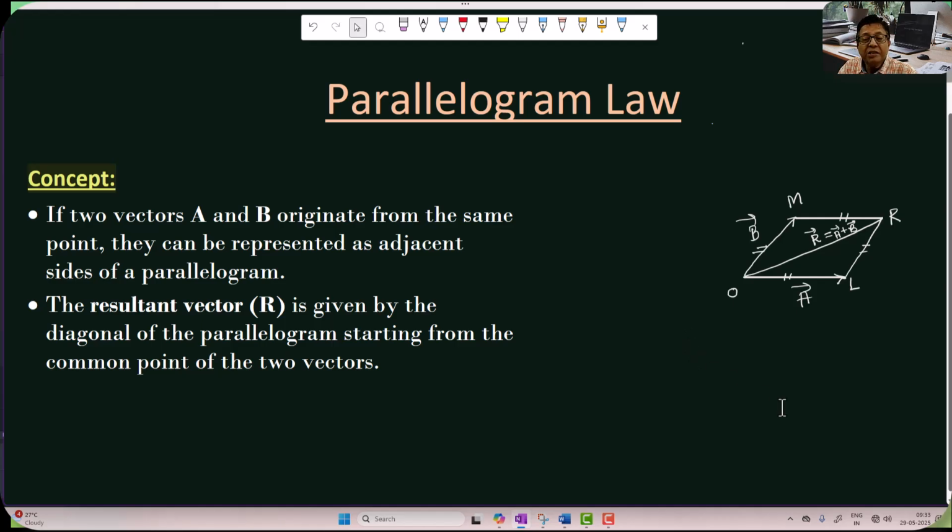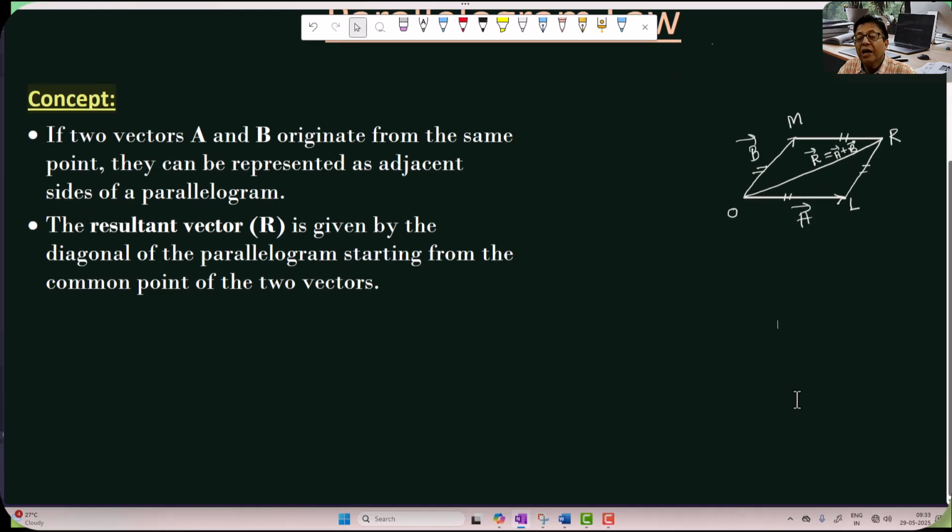Now this resultant vector has magnitude and direction both. How to calculate the magnitude and direction of the resultant, that I am going to discuss with you. You assume that angle between two vectors be equal to theta and this one be alpha.